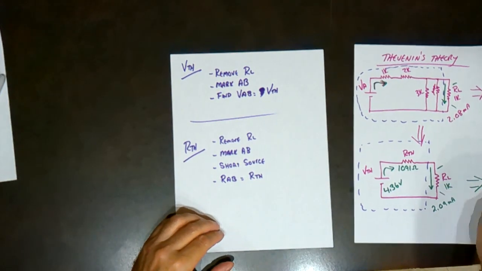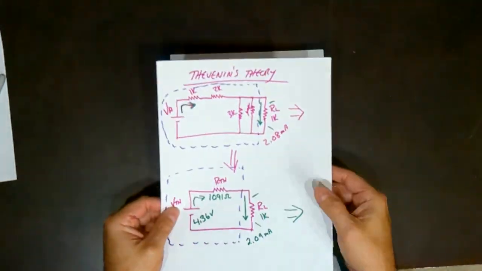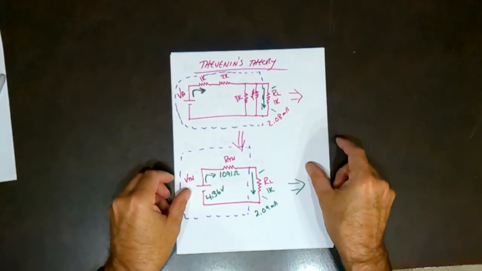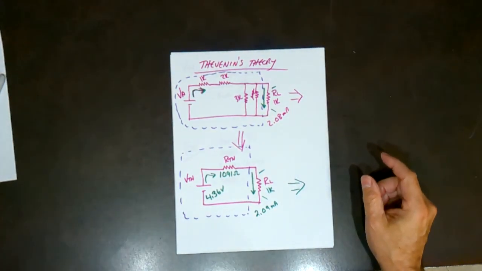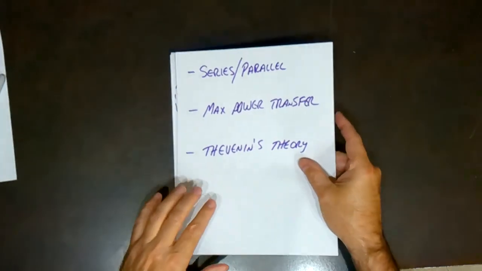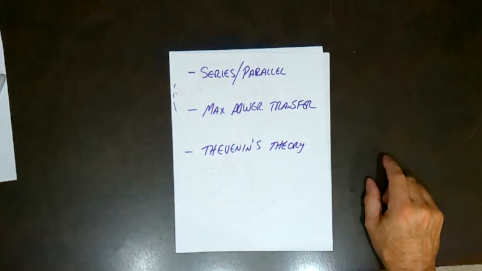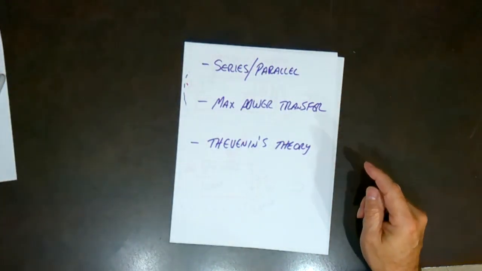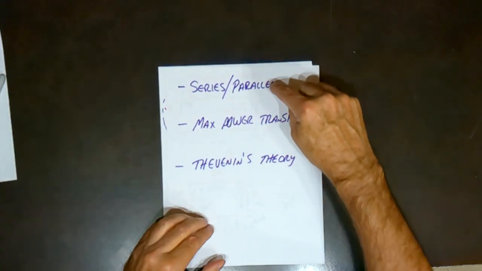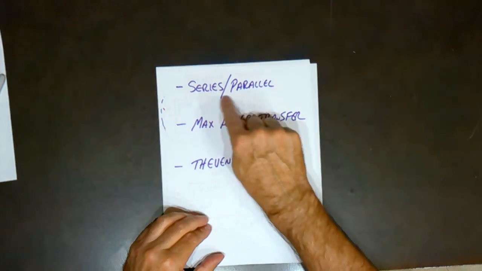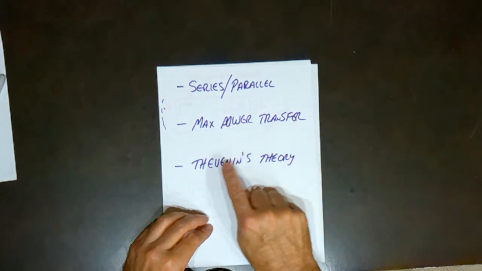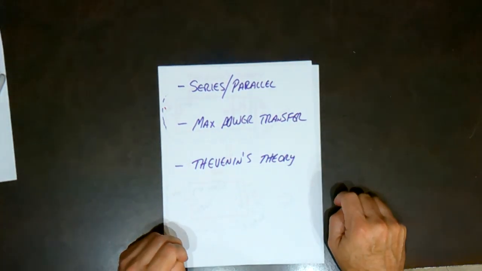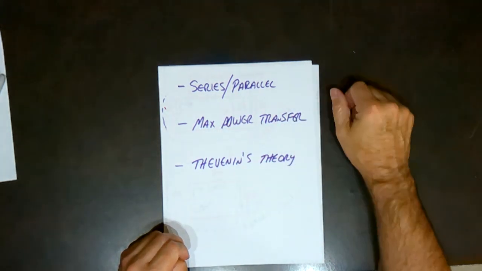It walks you through one example like what we did right here. So again, this is a review for Test 2 Tech 101. 3 major topics: series parallel, maximum power transfer, and Thevenin's theory. Good luck on the test, everybody.